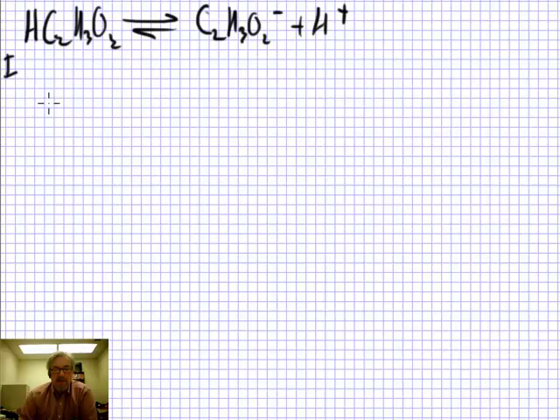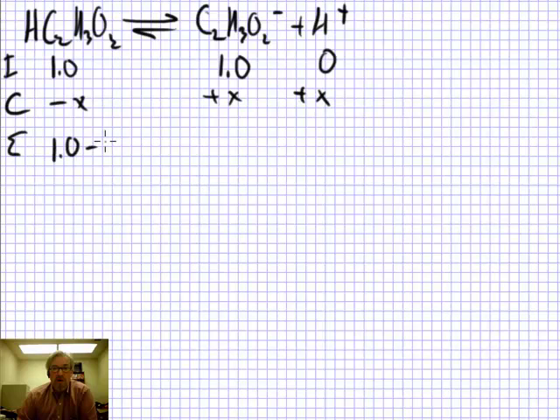So our concentration of acetic acid is 1.0 molar. But our concentration of acetate before we even start dissociating is also 1.0 molar because we had a 1 molar solution of sodium acetate mixed together. But there is no H plus. Our change is simple, 1 to 1. At equilibrium, we'll have 1.0 minus X and 1.0 plus X, and then we'll have X for H plus concentration.